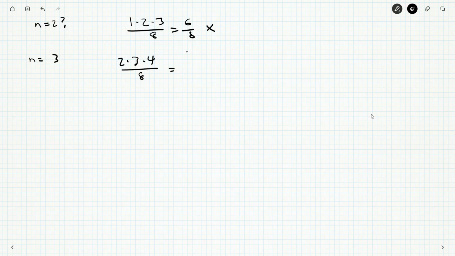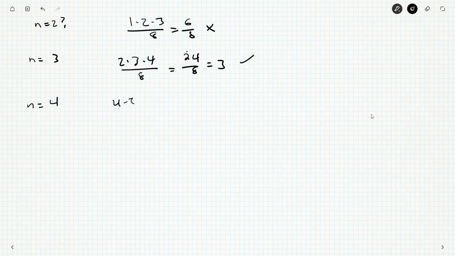Now we'll just work that out. So 1 times 2 times 3 over 8, that's 6 over 8. That's not going to work. How about 3? That's 2 times 3 times 4 all over 8. That's going to be 24 over 8, and yeah, that works. How about 4?